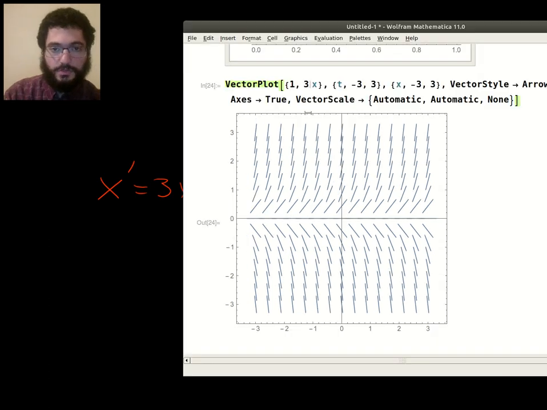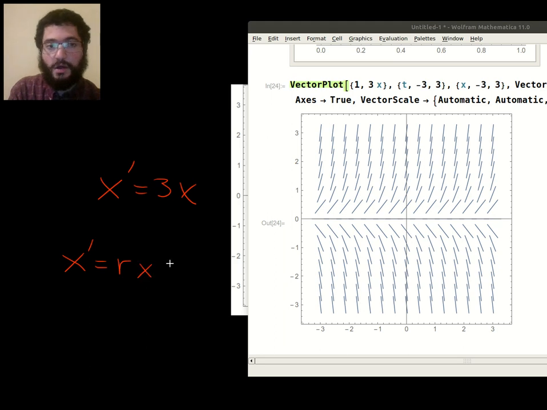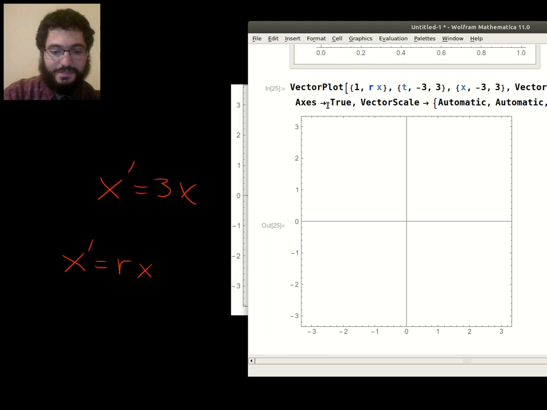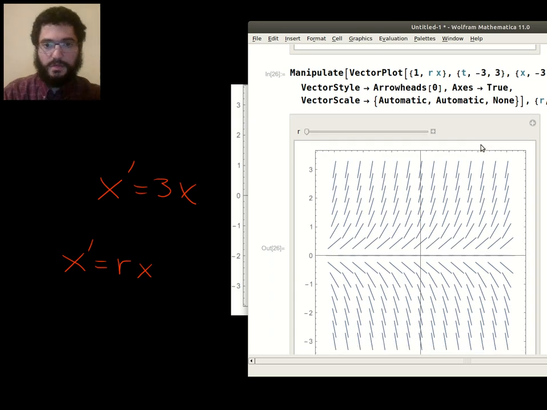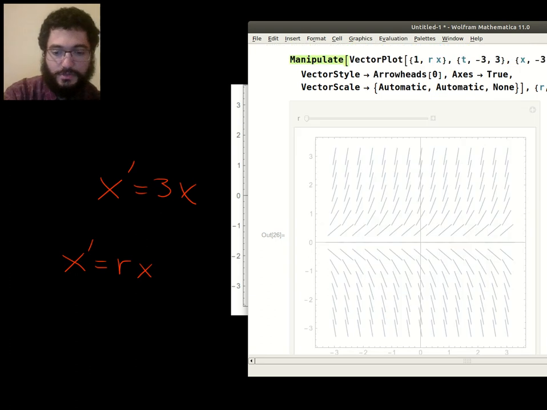And I want to also show you what happens if I go back to thinking about, instead of just the one differential equation x prime equals 3x, x prime equals rx. So let me put an r here. Then, of course, it cannot really plot anything because it doesn't know what r is, but I can create a little bar that I can manipulate r, let's say from 2 to 4. So here, if I move that bar, it's a little bit subtle, but let me try to make the changes to r more dramatic.